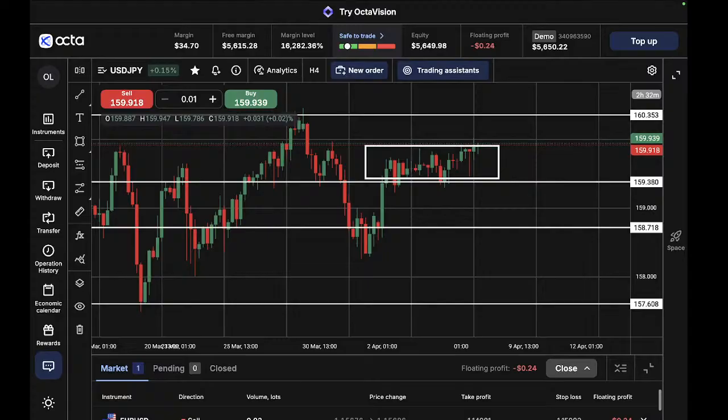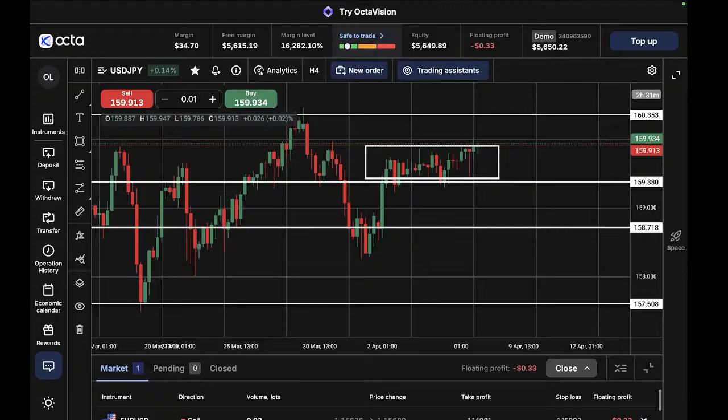Okay, so I see a bullish potential. What else? One more. What are you seeing? Okay, I think I'll just move on. I think I like that response. I see a bullish potential.